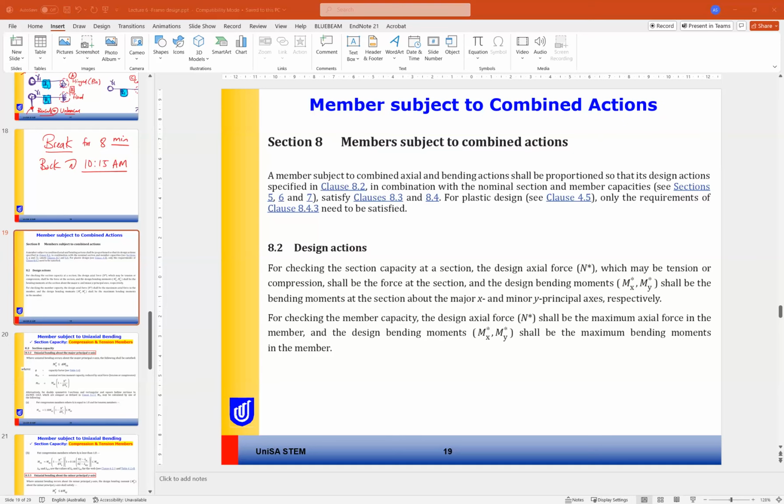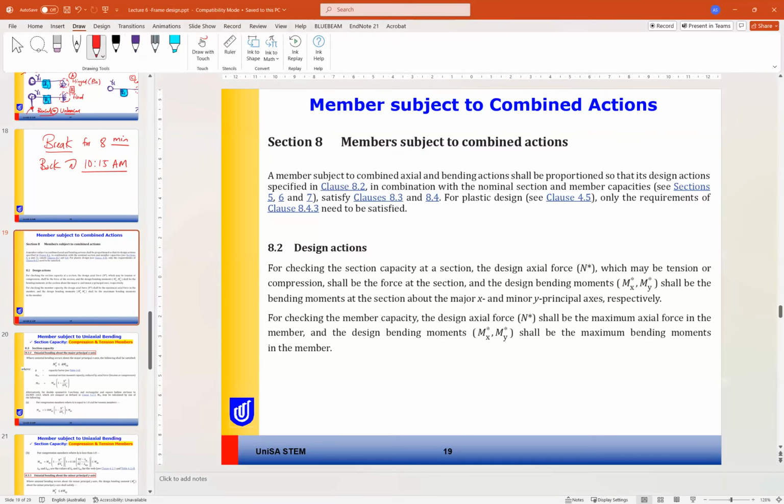So the second part of the lecture is to design the frame columns under combined action. This is covered by section 8 of the standard AS 4100. The section in this part is column or beam column section, which is a member subjected to combined axial and bending moment.